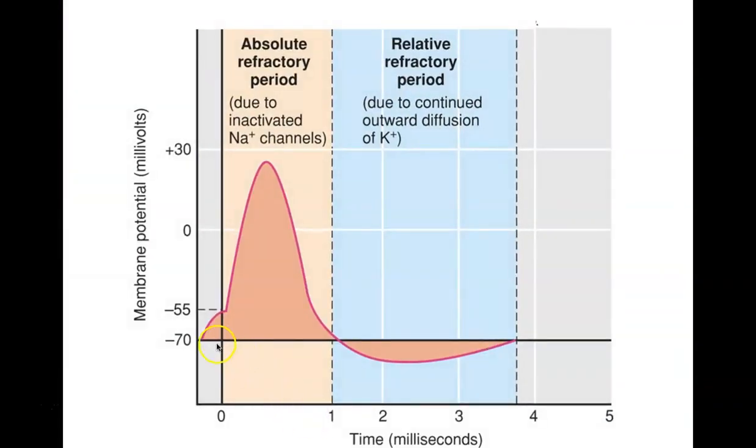So again, we have an absolute refractory period because those sodium channels are inactive. This means that you cannot trigger a second action potential during this time. The relative refractory period, you can. You just need a stronger stimulus because your cell is already hyperpolarized.